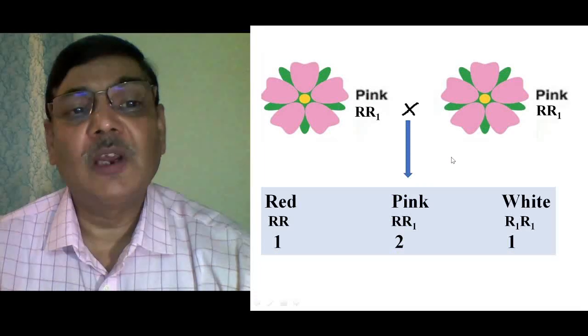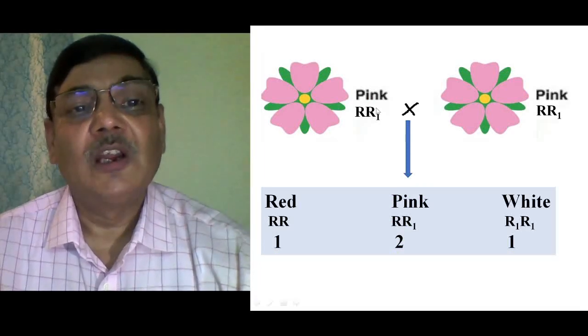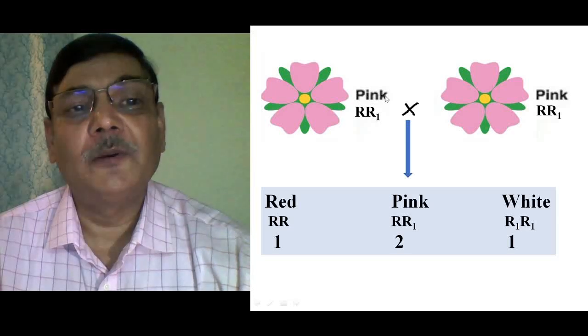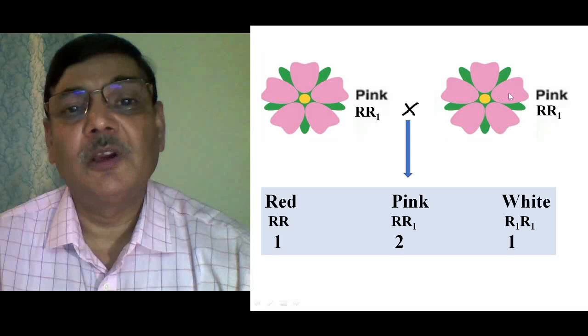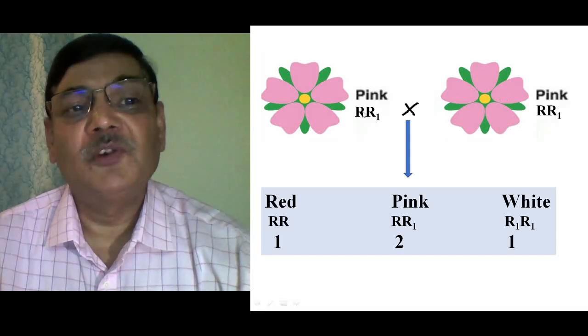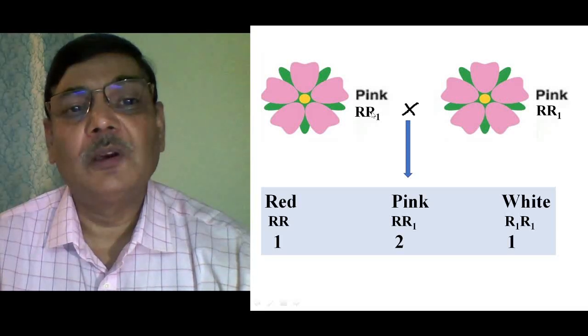Another thing you can understand by seeing this cross, suppose a plant with pink flower is being crossed with another having same phenotype. It means the genotype RR1 crossed with RR1.